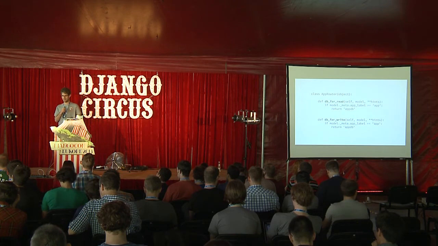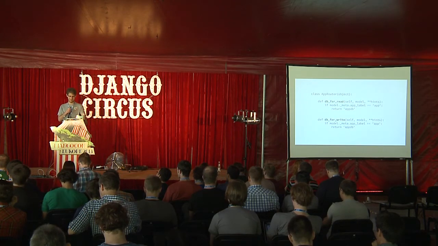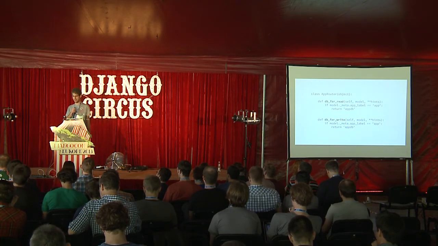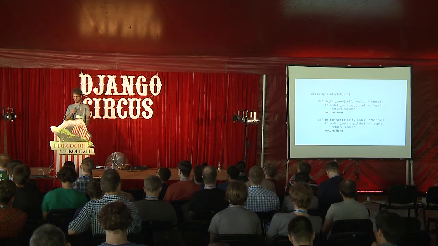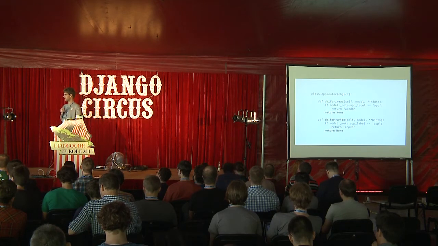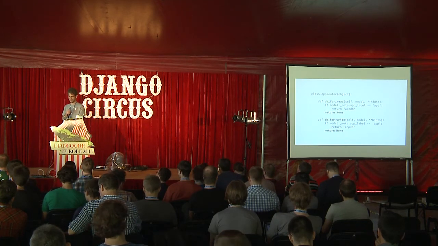So that one would just store all our models from the app named app in the appdb. Of course, it's the same if the router returns None. It basically means that I don't know anything, let's ask another router about it.